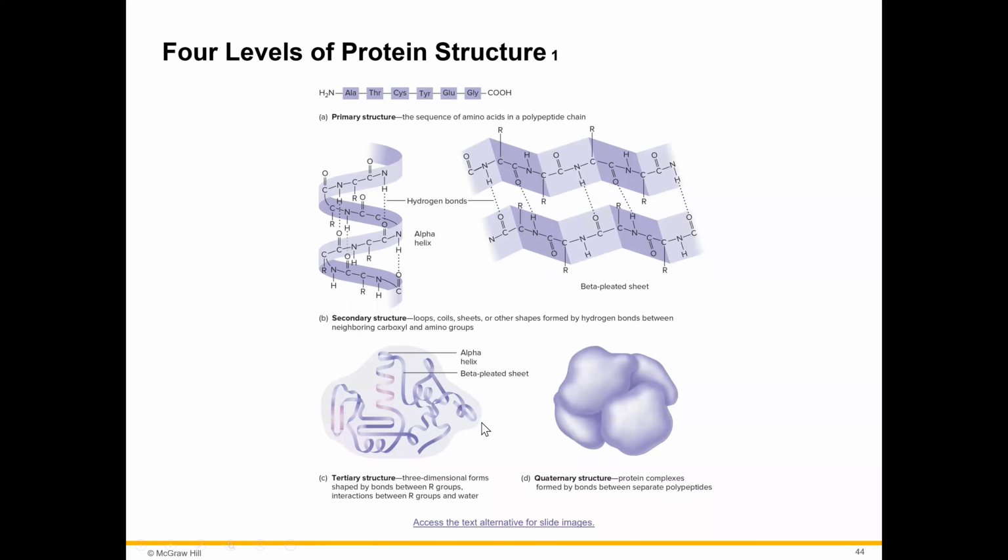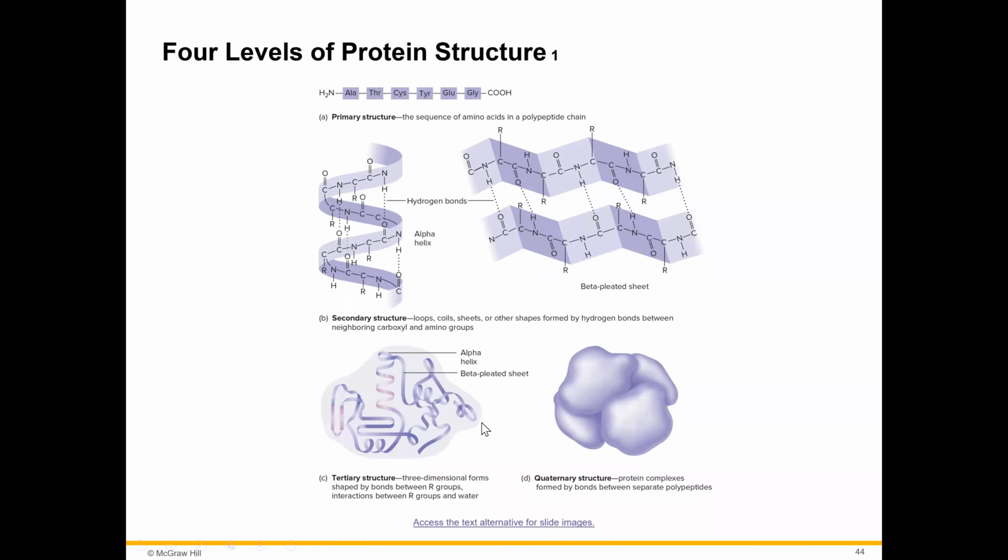Then secondary structure: loops, coils, sheets, or other shapes formed by hydrogen bonds between neighboring carboxyl and amino groups. So here, this is the amino group, this is the carboxyl group, and those dots represent very weak chemical bonds called hydrogen bonds. So we form either the alpha helix or beta pleated sheets.